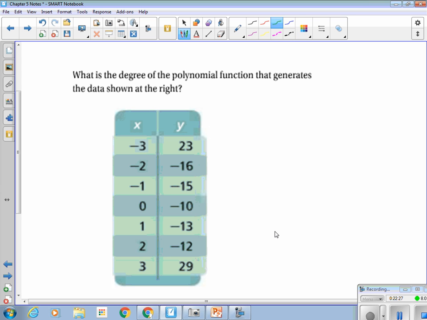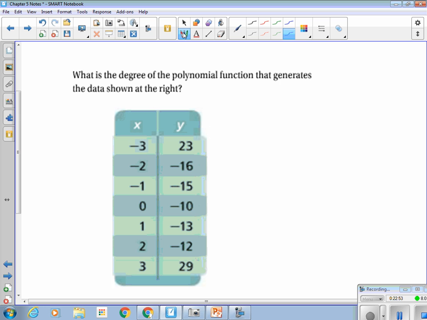So the difference between 23 and -16 is 39. So it is second minus first.